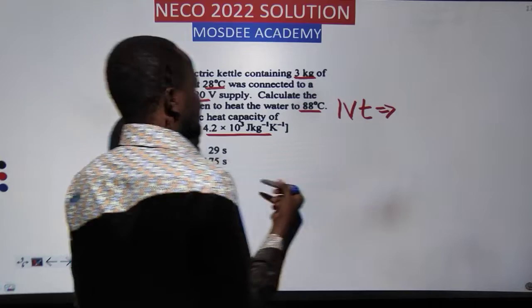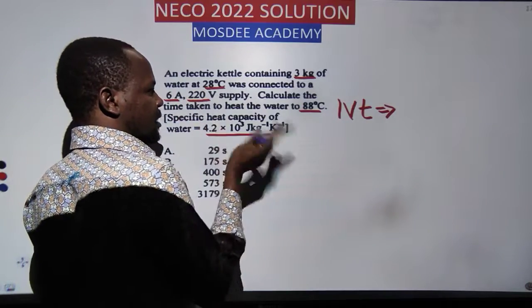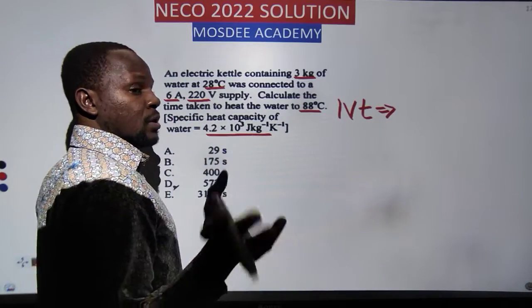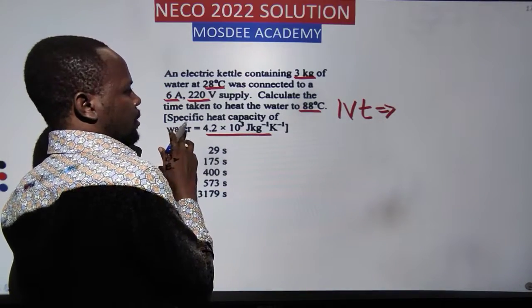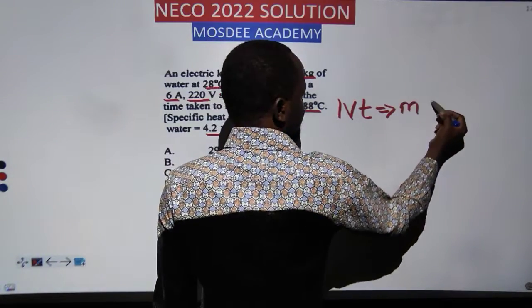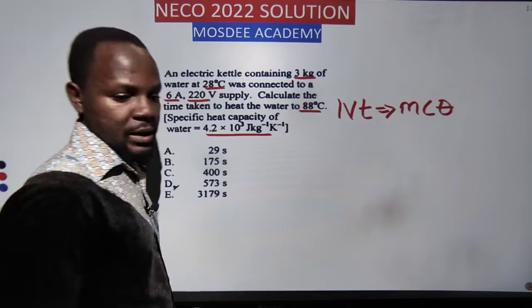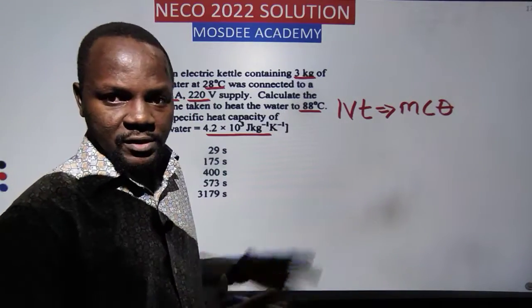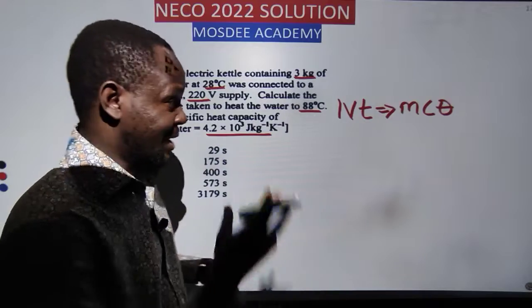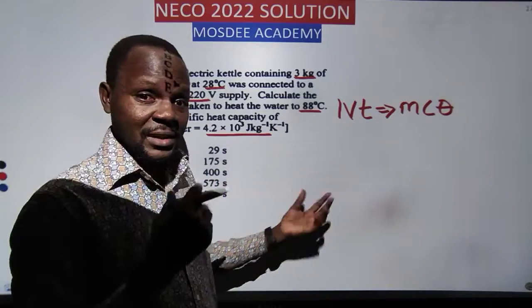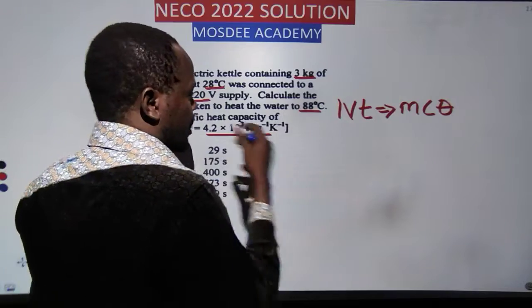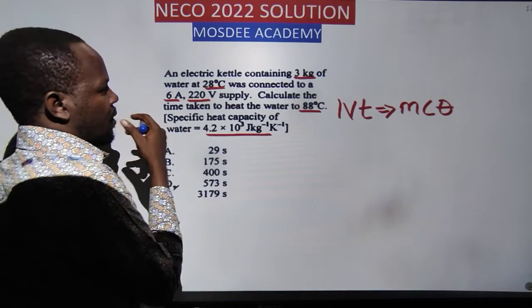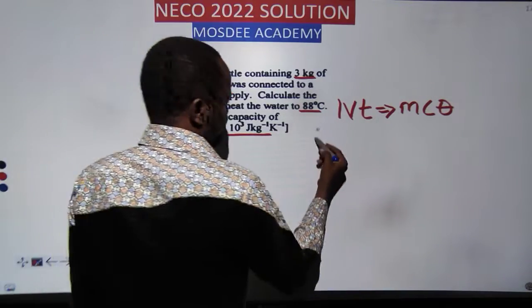Electrical energy can be converted into heat. Heat and energy are interconvertible. That is the law of Joules. Joules and Mayer, J. Mayer. Now, heat is always mc theta. Please don't sleep on that. So IVT equals heat loss equals heat gain. Remember, I've done an experiment on this on my physics channel. It was a real life experiment on how this is done. So now, current is I, 6.